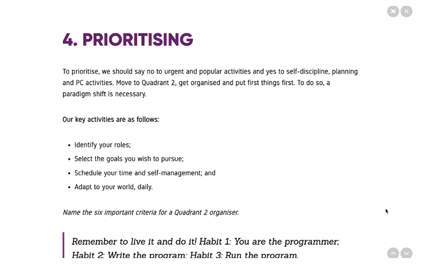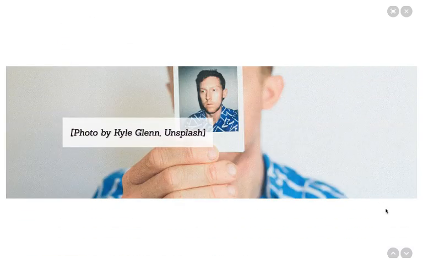So we need to have a paradigm shift in order to move to quadrant 2 and to get organized and put first things first. So the key activities are identifying our roles, selecting the goals we wish to pursue, scheduling our time, and managing ourselves, and then adapting to our world and the things that happen to us, because we can't control everything.